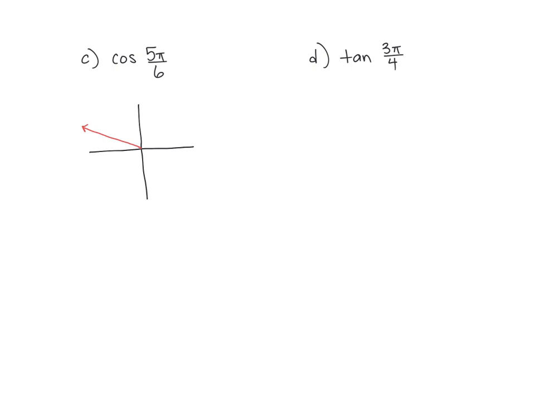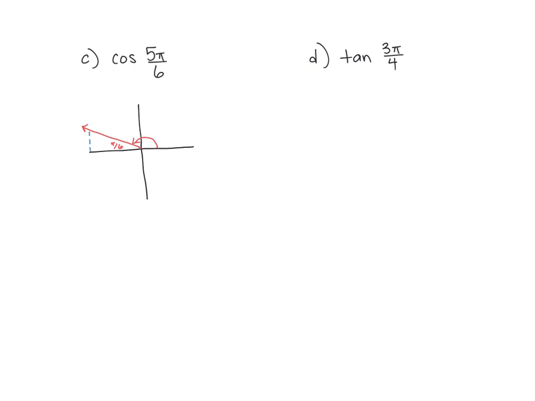Pi by 6 more would give me 6 pi by 6, which would give me pi. So this angle here is 5 pi by 6. We use our related acute angle. Again, the nice bit about radian measure is it's really easy to see what our related acute angle is, which would be pi by 6.